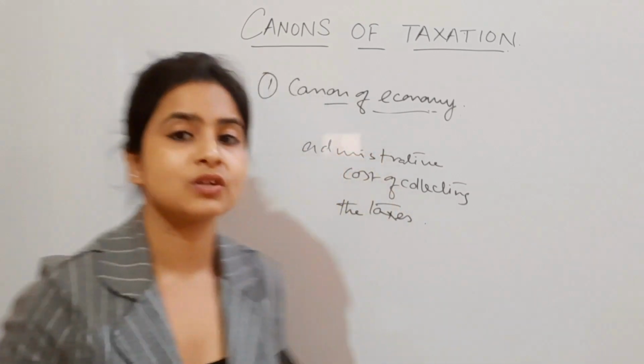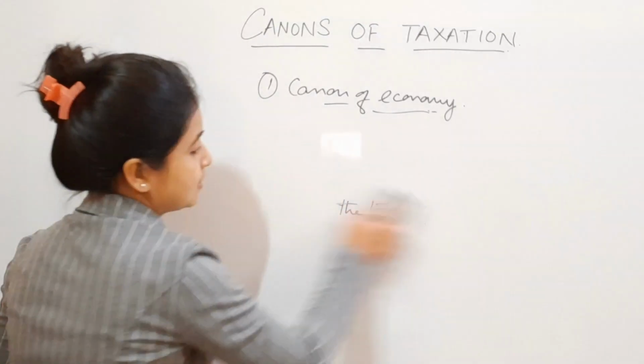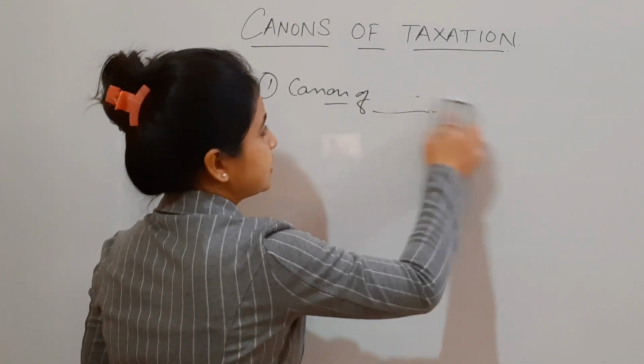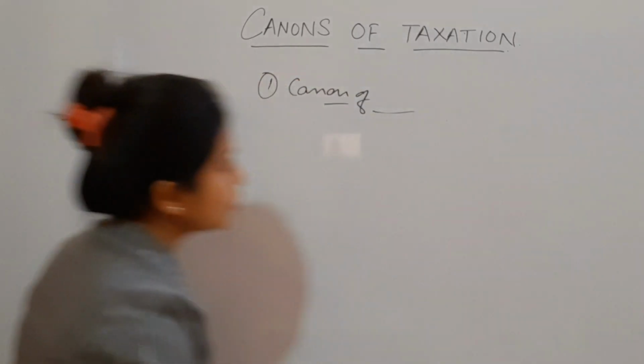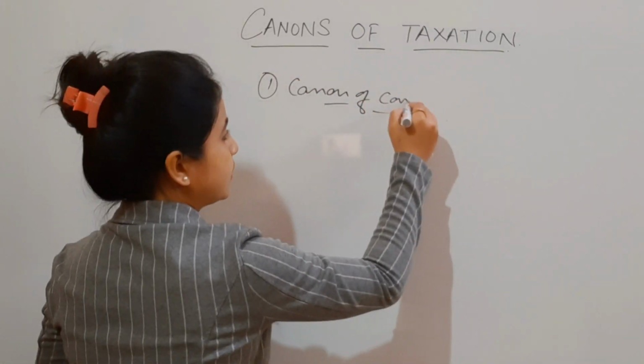Okay, so with this, let's move to the fourth canon of taxation, that is the canon of convenience, which was given out by Smith in the year 1776. So the fourth canon is the canon of convenience.